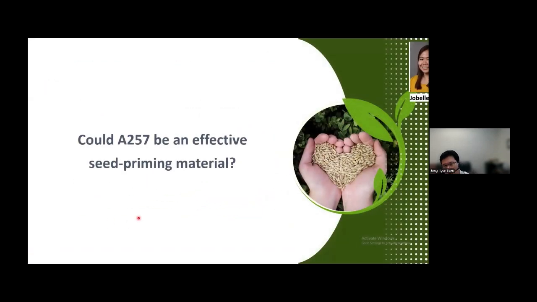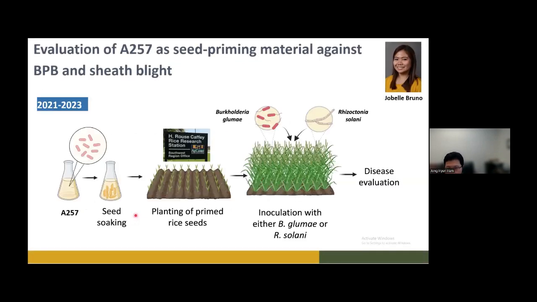The next question is that foliar application of this agent takes a lot of time and labor. It's not really cost efficient. So we tested whether the agent would be effective through seed treatment. We treated the rice seeds with a bacterial suspension of A257 before planting, and then planted them in the field.